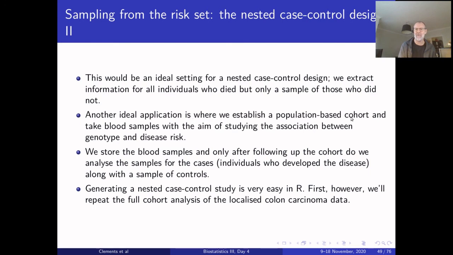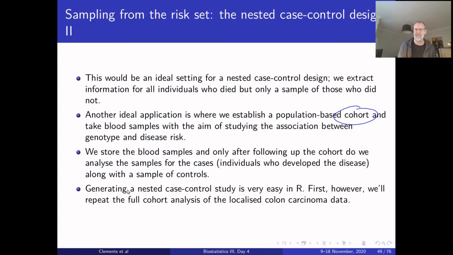Another ideal application is when we've got a population-based cohort, and we're taking blood samples with the aim of studying the association between, say, genotype and disease risk. We store the blood samples, and only after follow-up of the cohort do we analyze the samples for the cases, the individuals who developed the disease, along with a sample of controls.